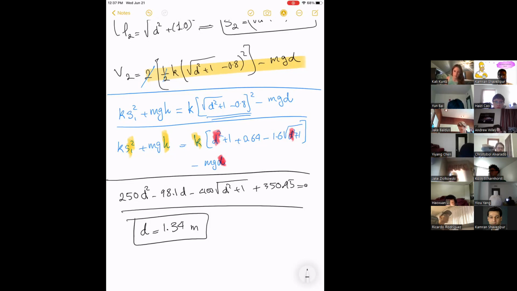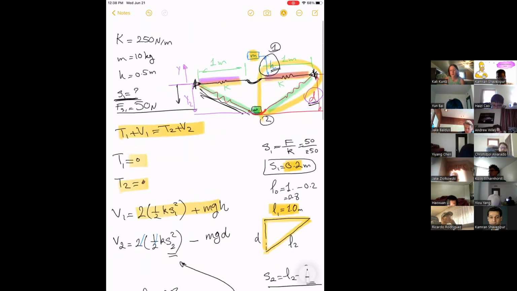Any question? Can you solve something like this in the exam? Of course, except this nonlinear part. Remember, we started with initial and final position.